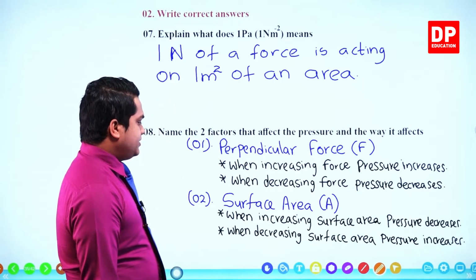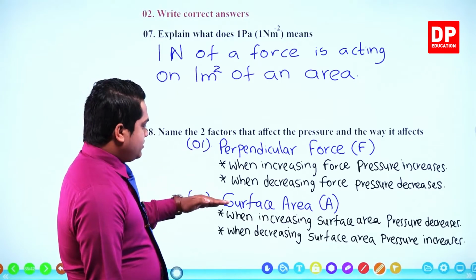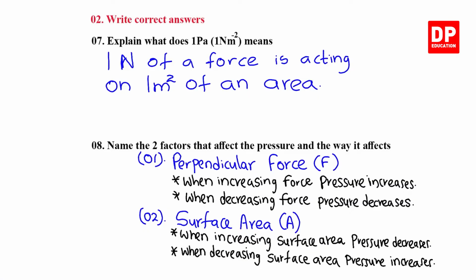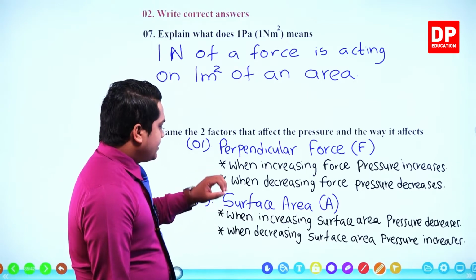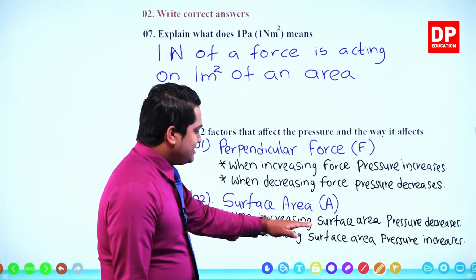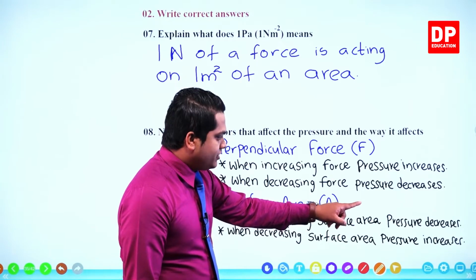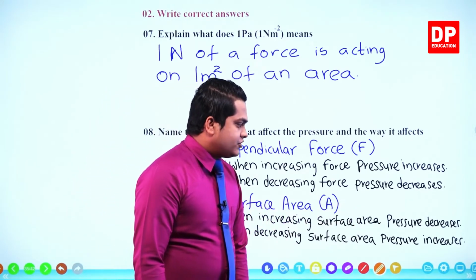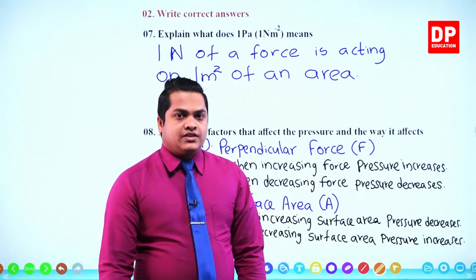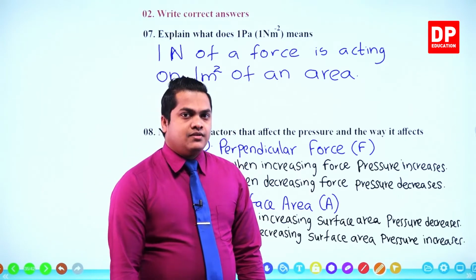Pressure increases. So perpendicular force and surface area are the 2 factors. When increasing force, pressure increases. When decreasing force, pressure decreases. Surface area then, when increasing surface area, pressure decreases. When decreasing surface area, pressure increases. So these are the two factors that affect the pressure.